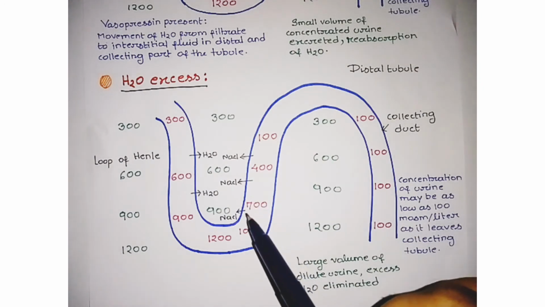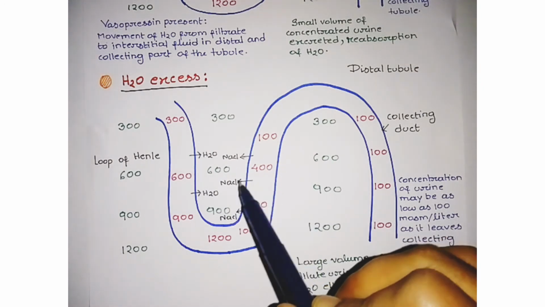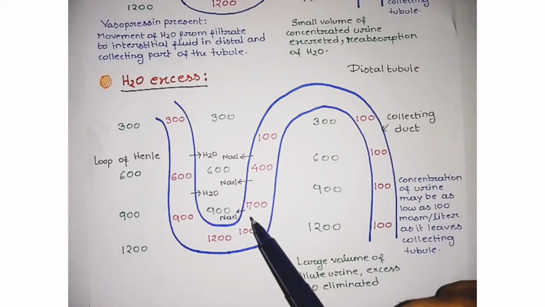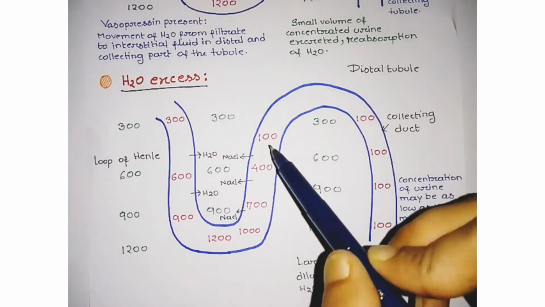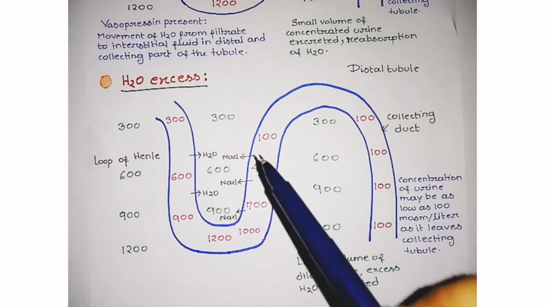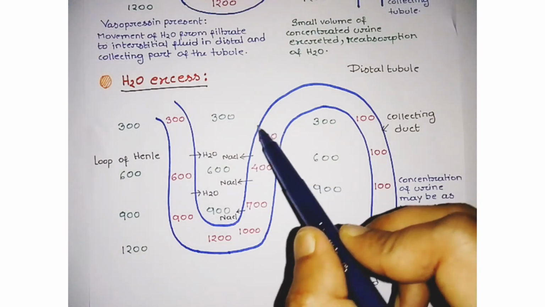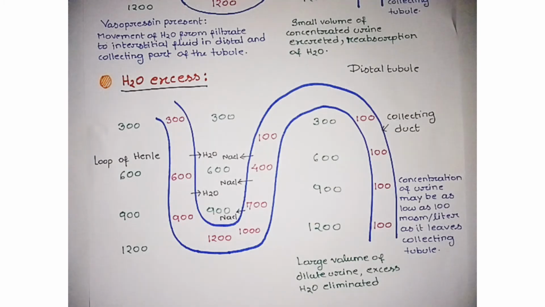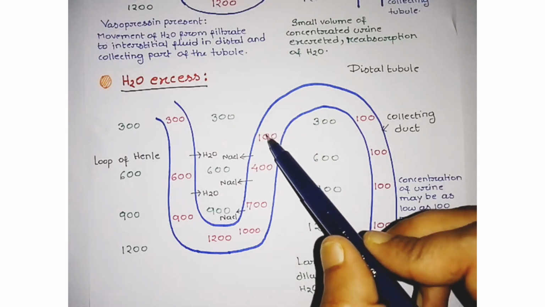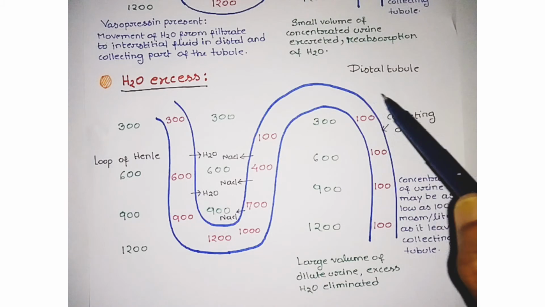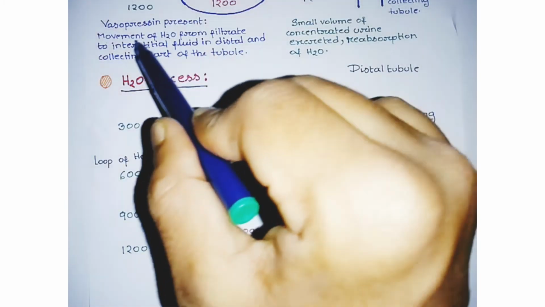So the movement of NaCl from the filtrate into the interstitial fluid dilutes the fluid present in the tubular part, and it reaches 100 milliosmol. This 100 milliosmol fluid enters into the distal tubule.